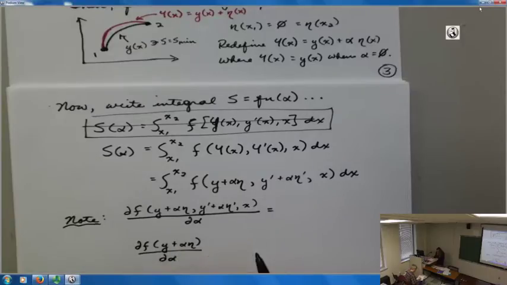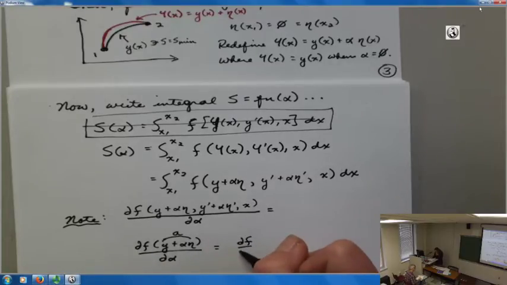I'm going to think of this whole object in here as A, just to call it something. So I'd have df dA times dA d alpha.